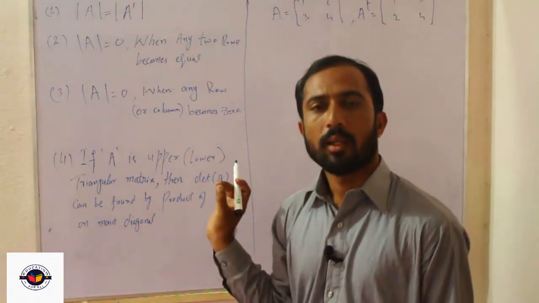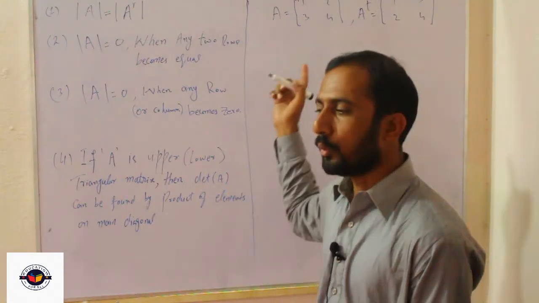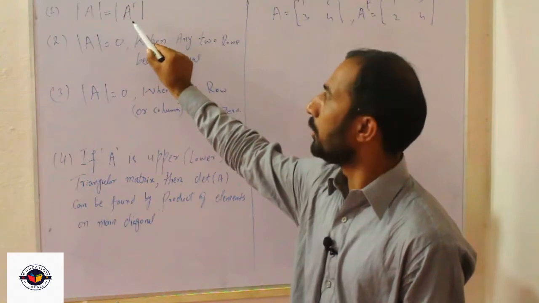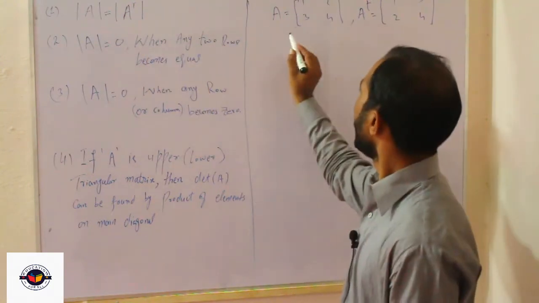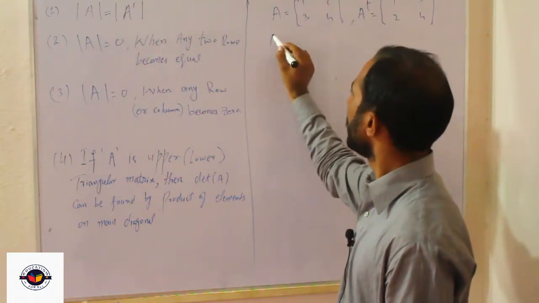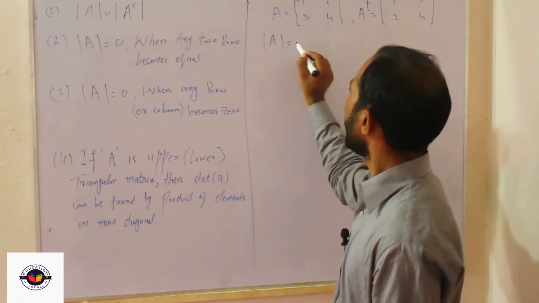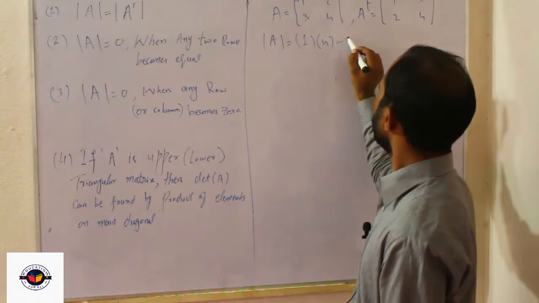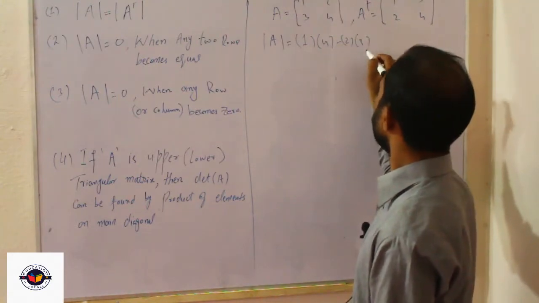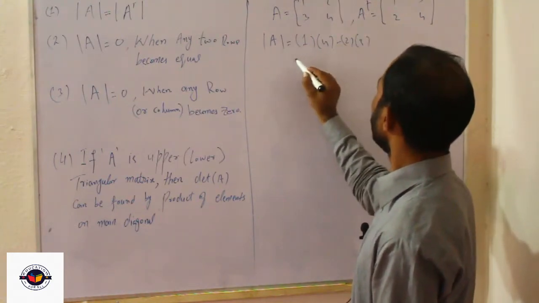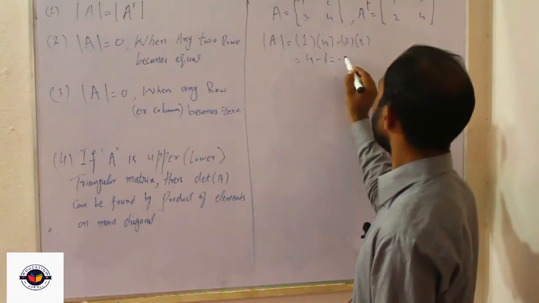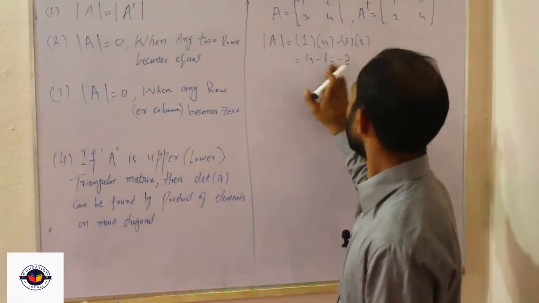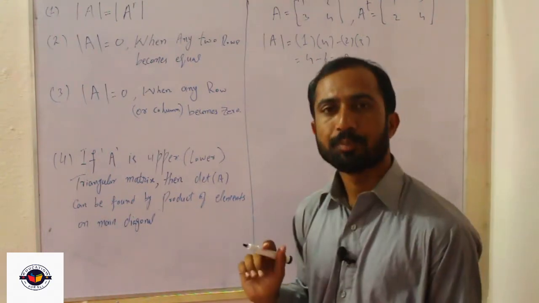Now we are interested in calculating the determinant of A and then the determinant of A transpose. The determinant of A will be 4 minus 6, so the determinant of A is computed as minus 2.